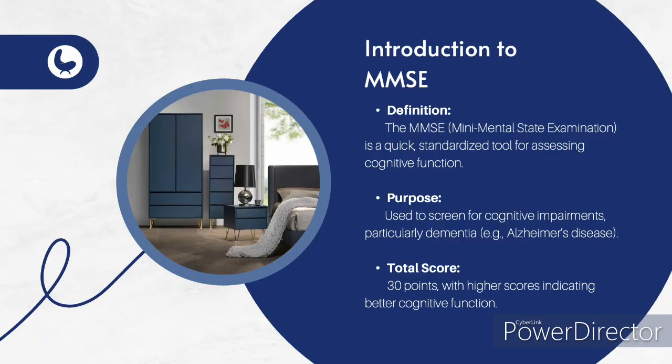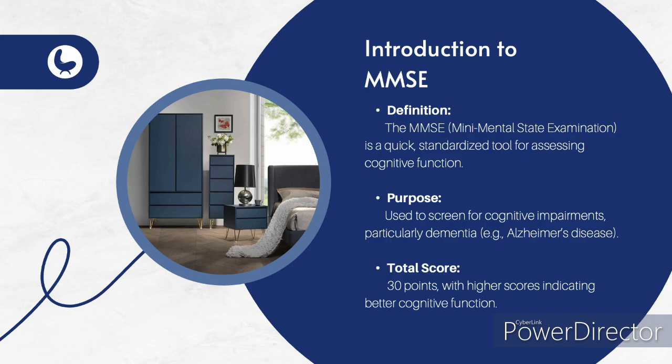The MMSE or Mini Mental State Examination is a quick and standardized tool designed to assess cognitive function. It's primarily used to screen for cognitive impairments, such as dementia, including Alzheimer's disease.